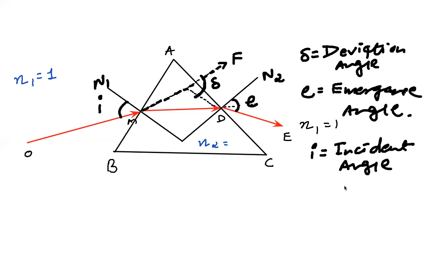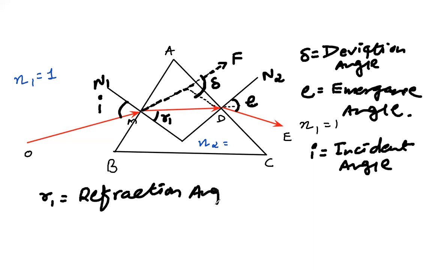Next, my ray is entering the medium and it is somehow deviated. With the normal N1, it makes the refraction angle R1. So let's say R1 is called the refraction angle with the normal N1.